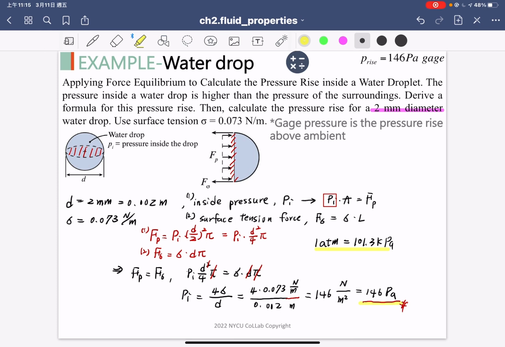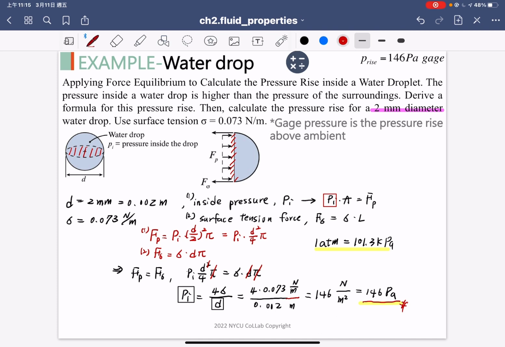And depending on how big a bubble you want, if you look at the formula showing here, if you want a smaller bubble, that means the diameter is small, and then the inside pressure will increase.